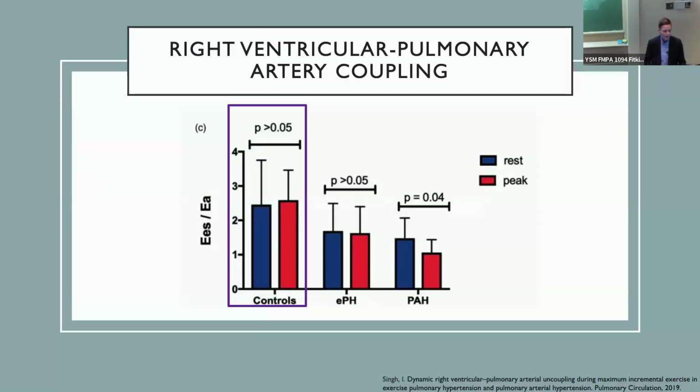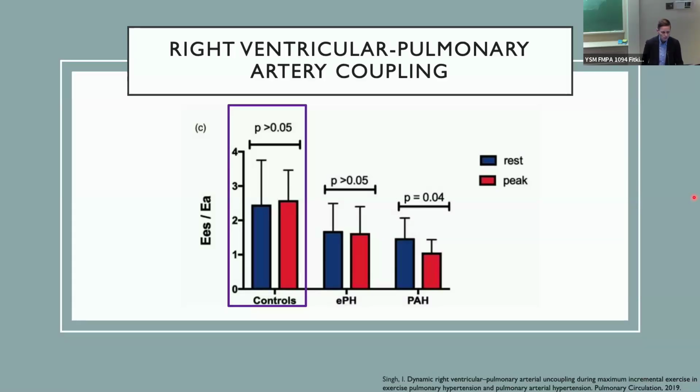And then finally, in health, the right ventricle and the pulmonary artery are tightly coupled. So RV to PA coupling describes how right ventricular contractility matches pulmonary arterial afterload. It's quantified as the ratio of end systolic elastance, or EES, to arterial elastance, EA, and reflects the efficiency of RV adaptation to maintain stroke volume. During exercise, pulmonary blood flow increases and afterload rises due to changes in resistance, compliance, and wave reflections.